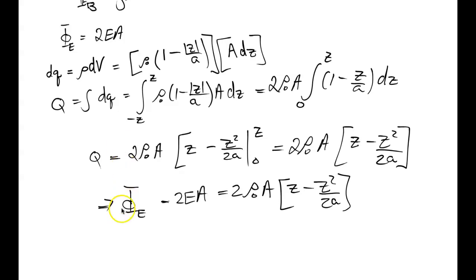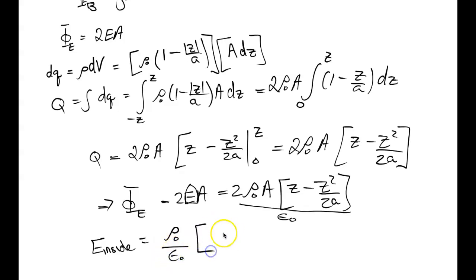And now we can solve for the electric field. I'll call it inside just to remind myself I'm solving for this quantity. The 2's cancel, the A's cancel. I forgot to put the over epsilon naught here. So I get E inside equals rho naught over epsilon naught times z minus z squared over 2a.